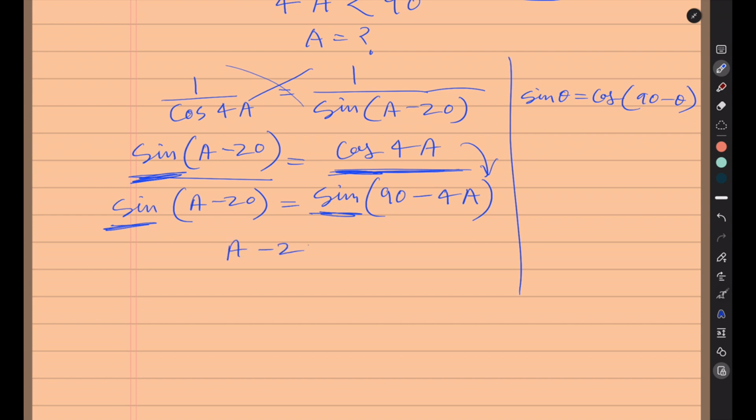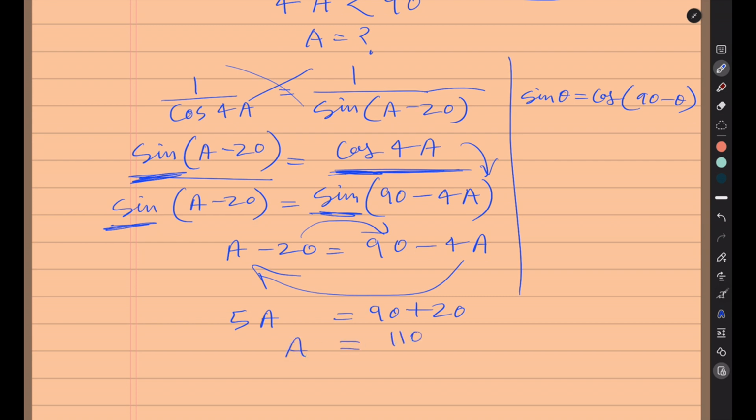So A minus 20 will be equal to 90 minus 4A angle. So just bring this side, it will become 5A. Bring this side, it will become 90 plus 20. So A will be equal to 110 degree divided by 5. So that is 22 degree. And that is our answer.